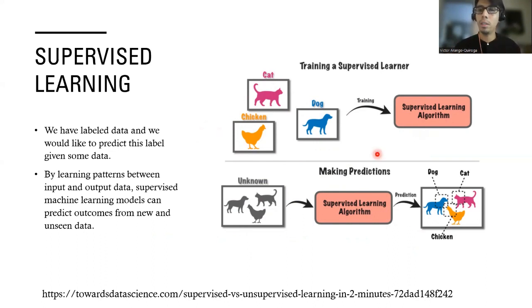Once you have that model, then you can make predictions. So let's say given a new image that you don't know if it has cats, dogs, or chickens, you want to predict that. Now you can actually predict that using the model that you trained previously. So the main point with supervised learning is we have labeled data. We have data and its corresponding labels, and then we can train from that data to predict later in the future.